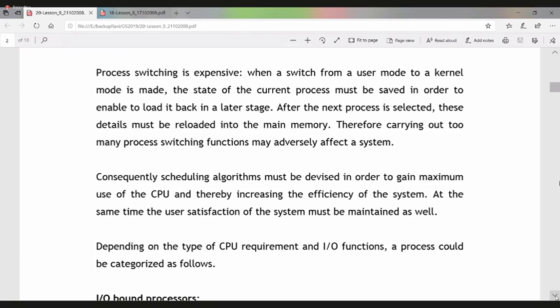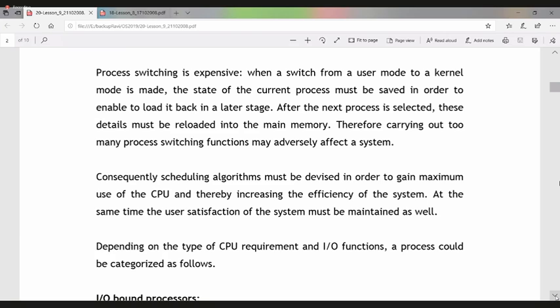You have to save all the information in order to load it back at a later stage. That's why it is expensive. Expensive means you need more processing power and storage and so on. In other words, it slows down the machine if you switch very frequently.